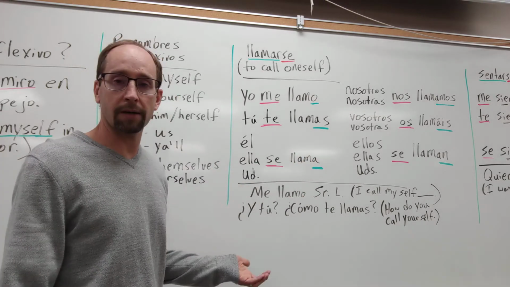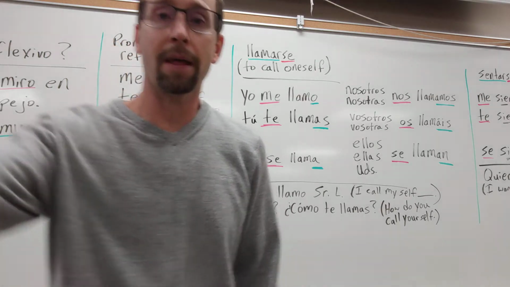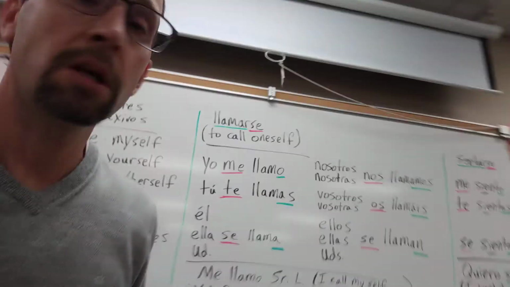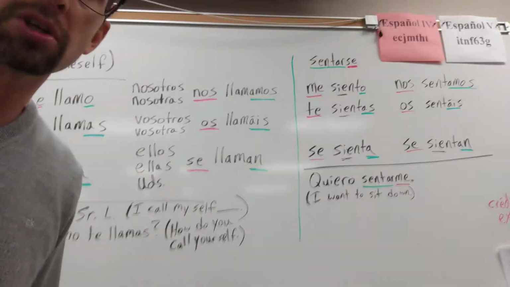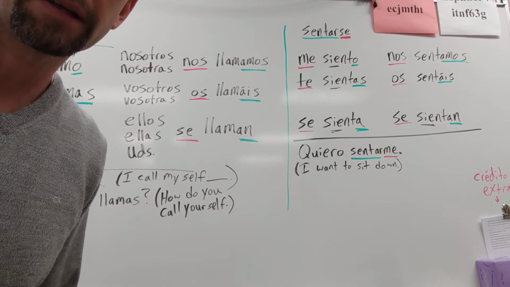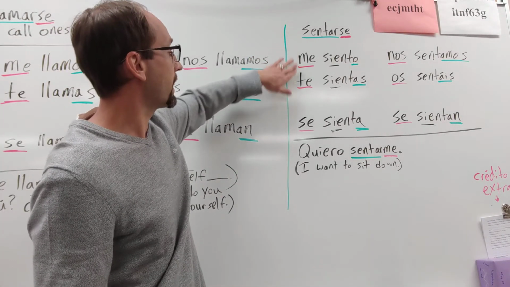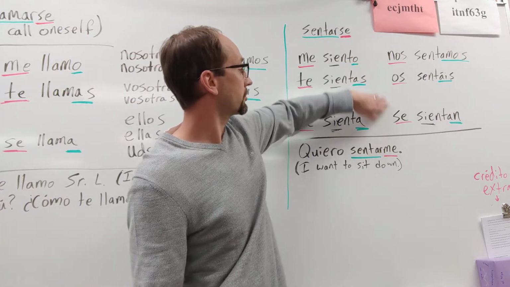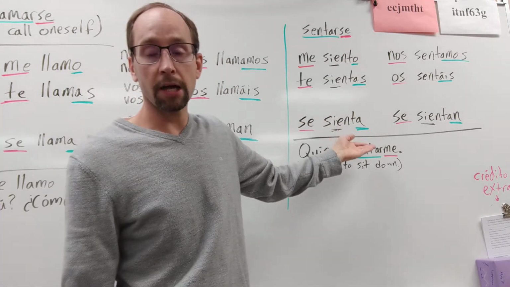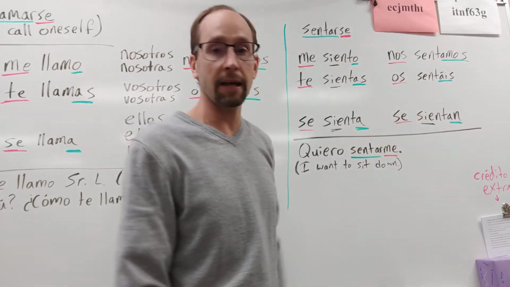Then to take it one step further, we might take a look at a reflexive verb that's a stem changer, and that's going to have three parts to it. So a common verb that could be a stem changer could be sentarse, what you see here. And so now it's got three parts to it. So I need to have the pronoun, me, te, se, nos, os, or se. I'm also going to conjugate the end of the verb. It's going to have an o, as, a, amos, áis, or an ending.